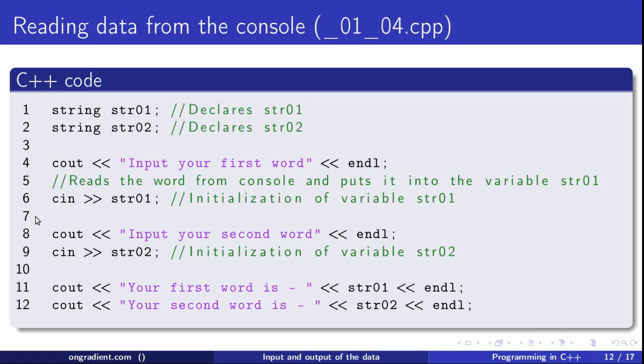It's right to say that in the 7th line of the code we initialize variable str01 using data from the console. In the 8th line of the code we read the second word from the console and save it in the variable str02. After that we output the information to the console.